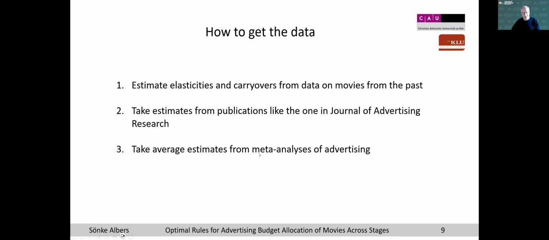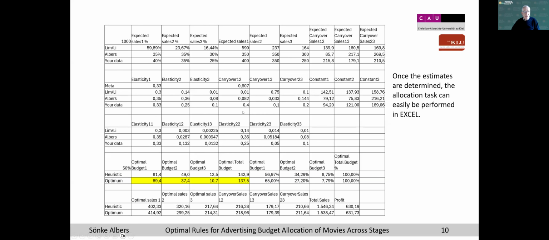And then you get the mean value over all individual studies, and you may take this value for the elasticities. And there's also a meta-analysis for carryover effects that you can take as values for your estimation. And then finally, you may apply an Excel sheet.